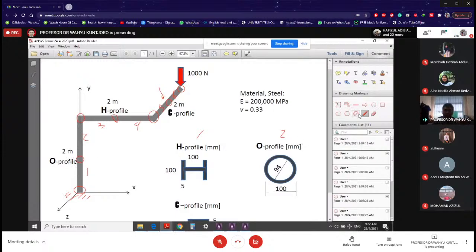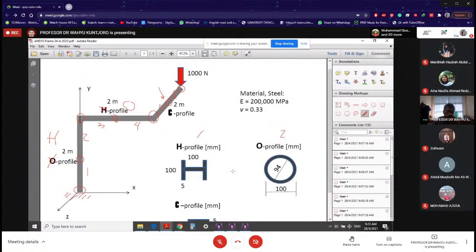Instead of having this, this is going to be H, this is going to be the O profile over here, and this is the C profile. So I changed this configuration. The reason is that I've created them as section 1, section 2, so that it's consistent. That's all. It doesn't matter.